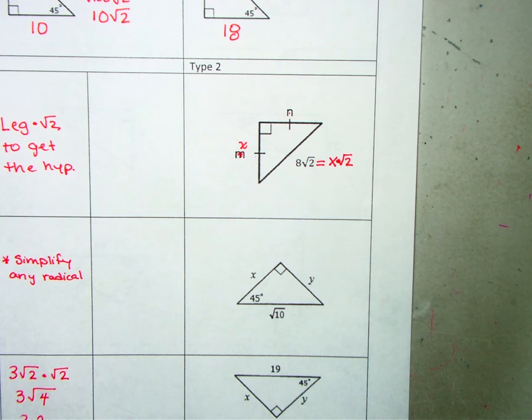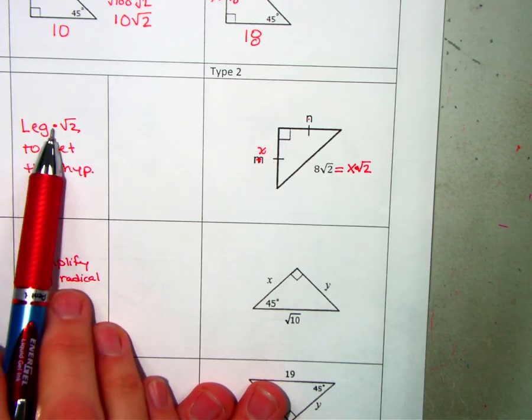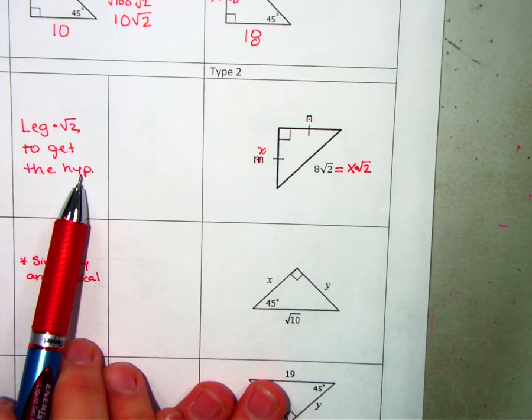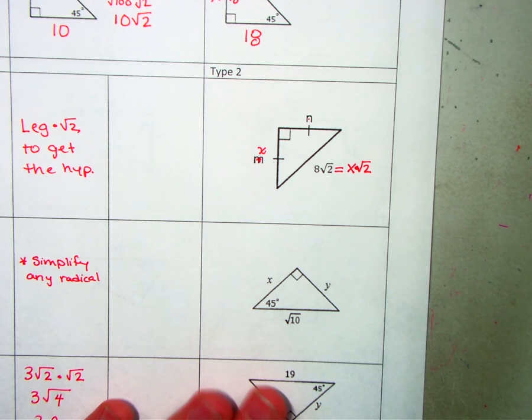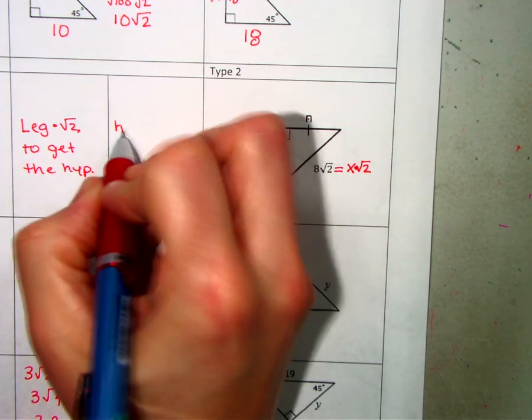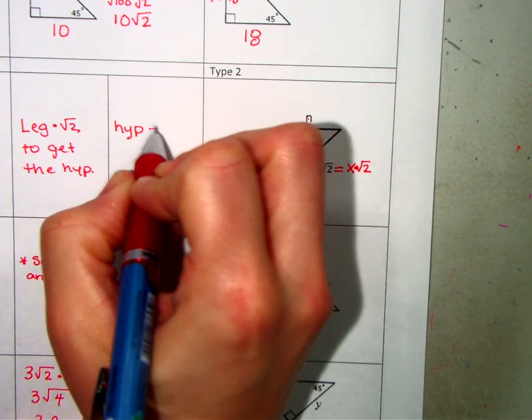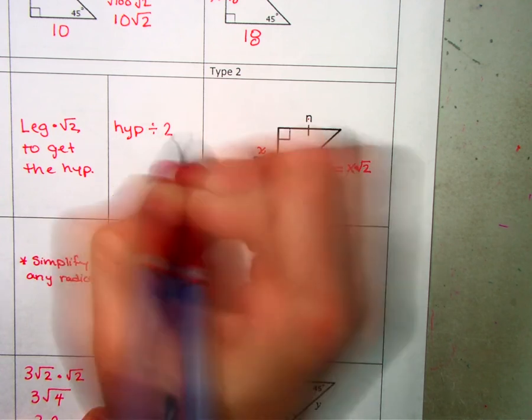You divide. Okay, so over here I put that you take the leg times radical 2 to get the hypotenuse. So if you put that backwards, flip it around because we're doing the opposite here. You take the hypotenuse divided by radical 2 to get the leg.